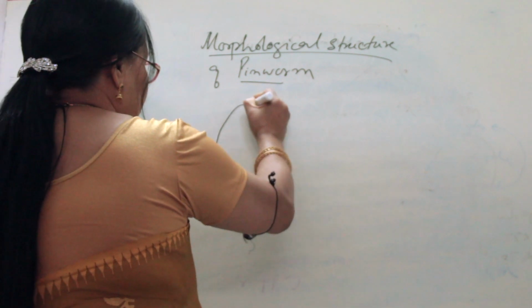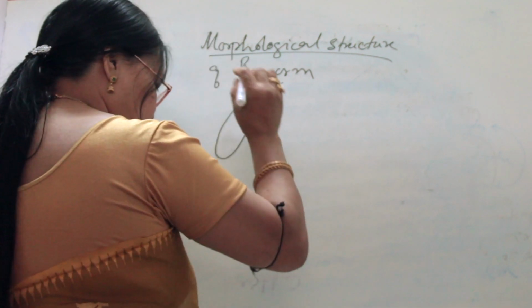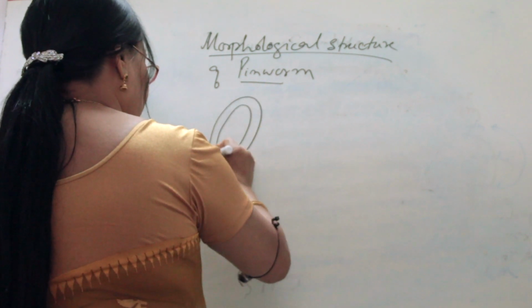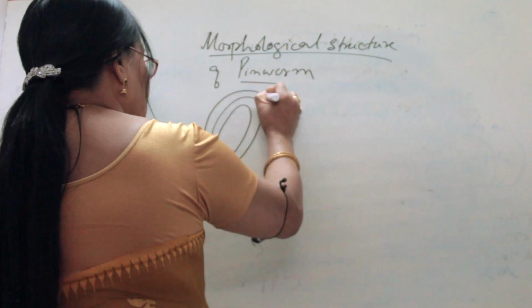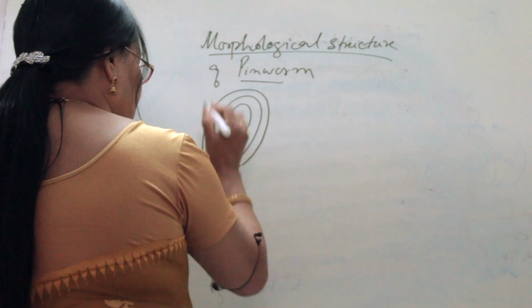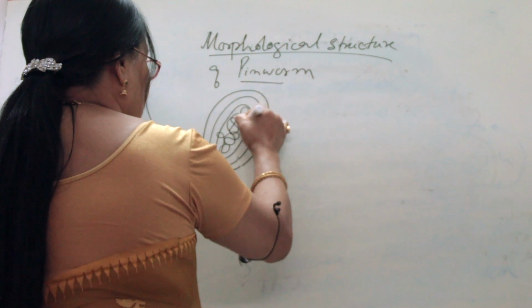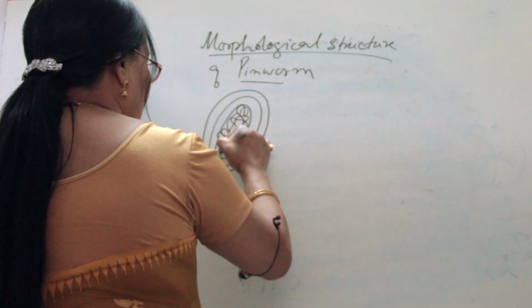The eggs are usually released along with the feces of the infected person, and they are deposited in the anal region by the fertilized female worm.